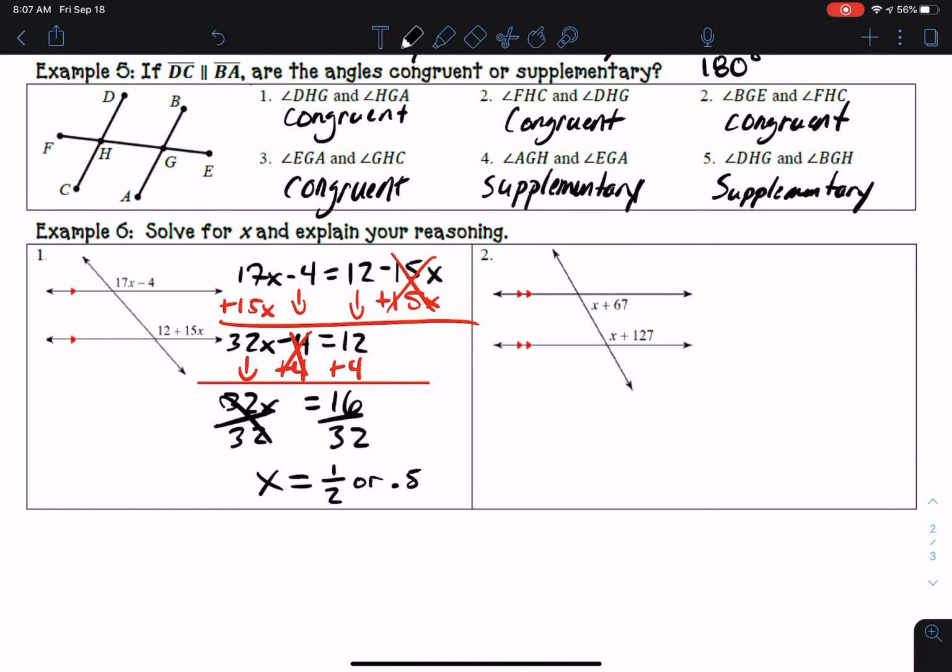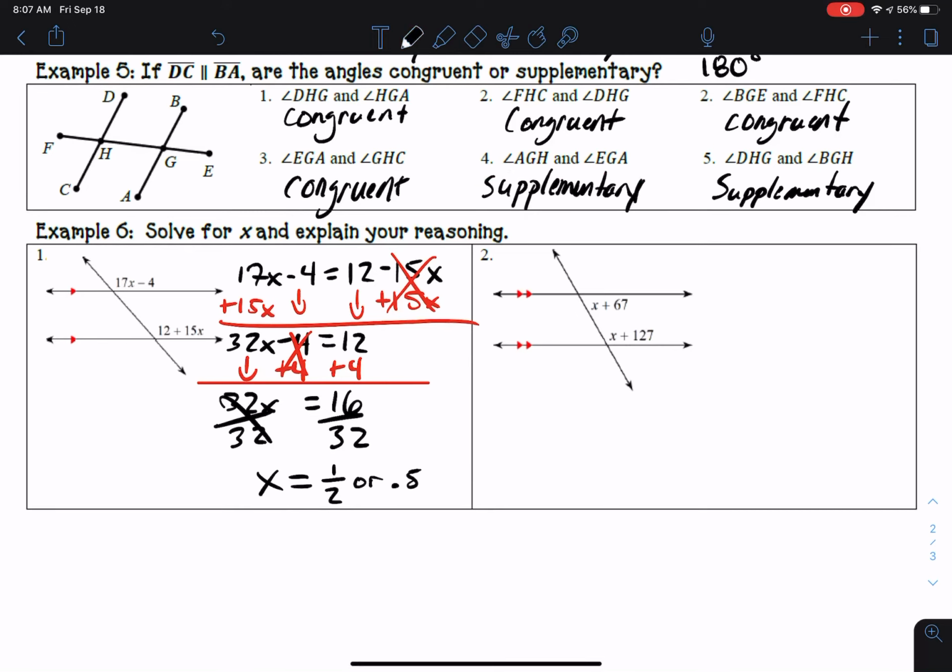All right, let's try number 2 over here, and then we'll call it good. So these two angles are both interior angles. This is a small one. This is a big angle, small angle. Remember when we talked about that right above this problem? For example 5 up here, if there's a small angle and a big angle, they are supplementary, meaning 180 degrees.